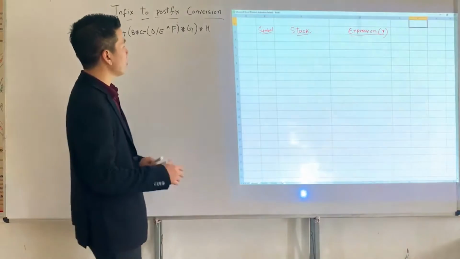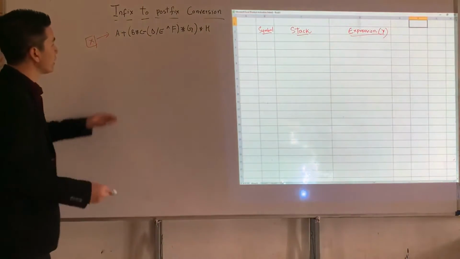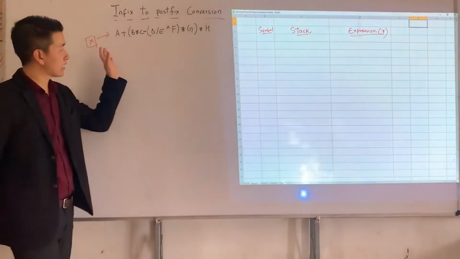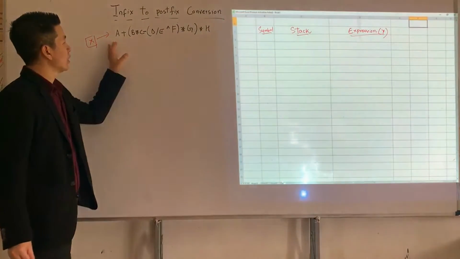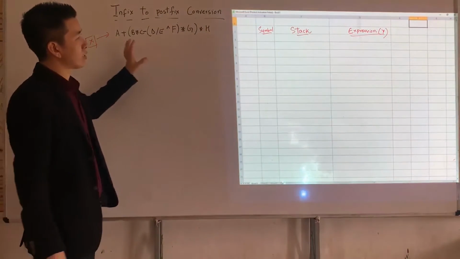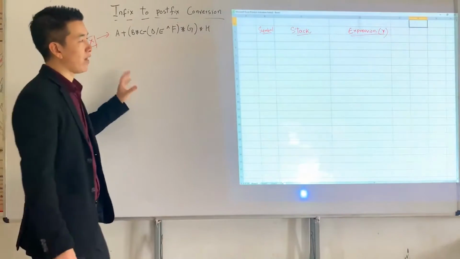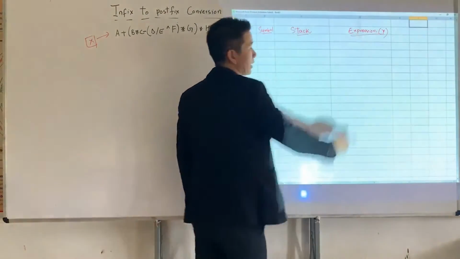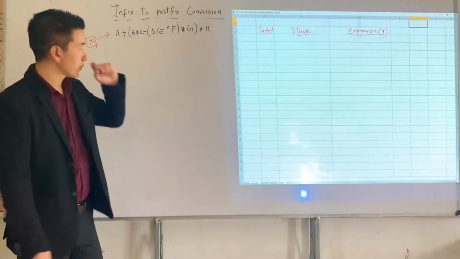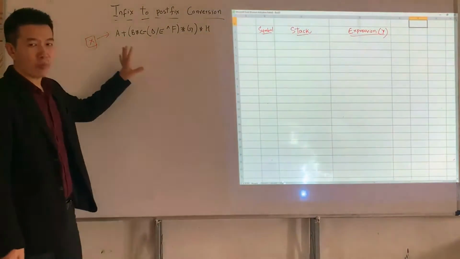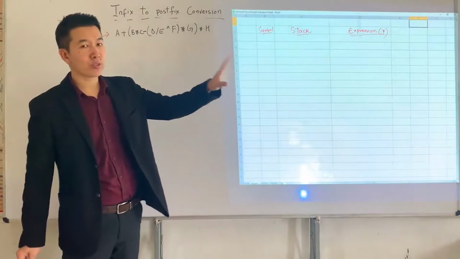Rule number two is, if the symbol scanned is an operand, you have A, B, C, D, E, F, G, H, all these are operands. If the symbol scanned is an operand, we need to have it added to the expression directly. Okay? If it's an operand, have it directly added to the expression.